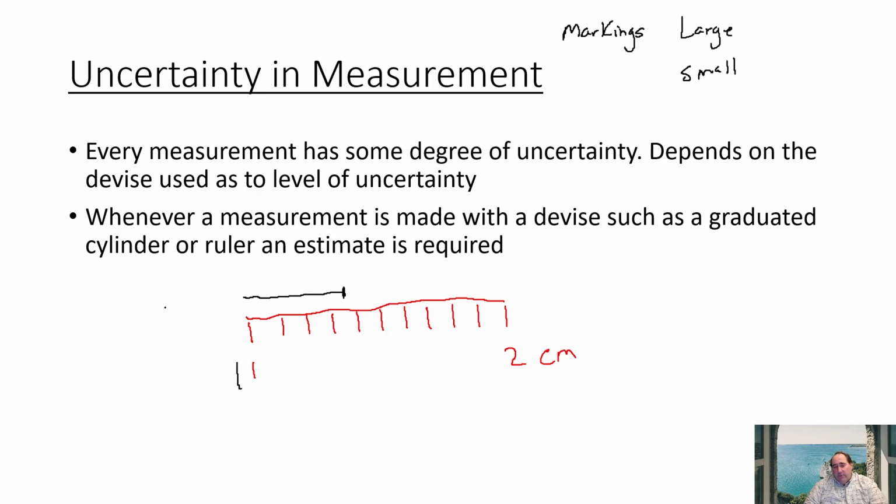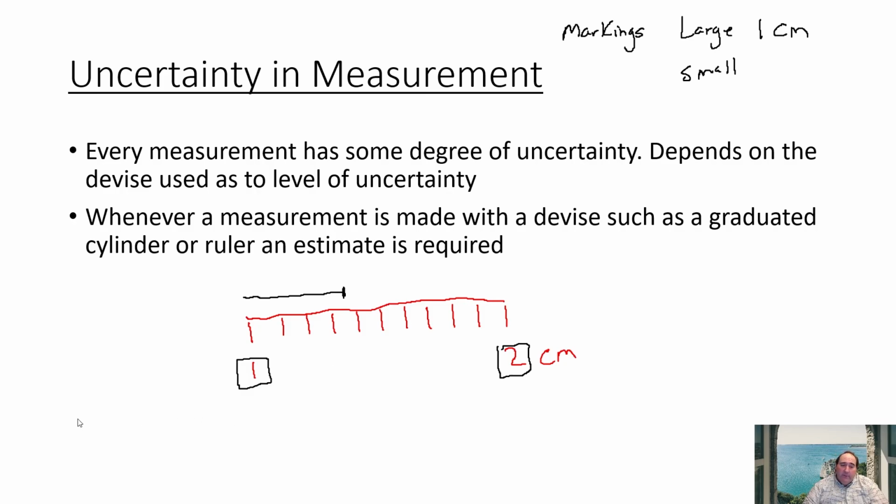On this particular ruler that I drew, the large markings are the ones that actually have numbers. So that's a 1 and that's a 2. And the difference between the two large markings is 1 centimeter.